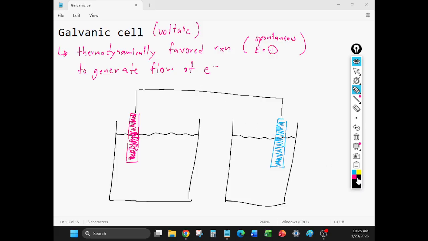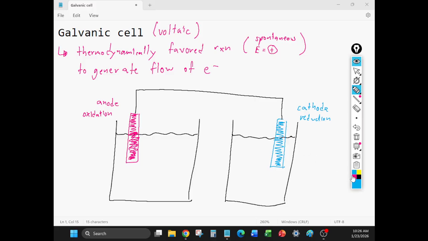All right, so one of these containers is going to be called the anode, and the other container is going to be called the cathode. Now, in the anode, this is where oxidation takes place. And in the cathode, this is where reduction takes place. So the metal here is going to lose electrons.